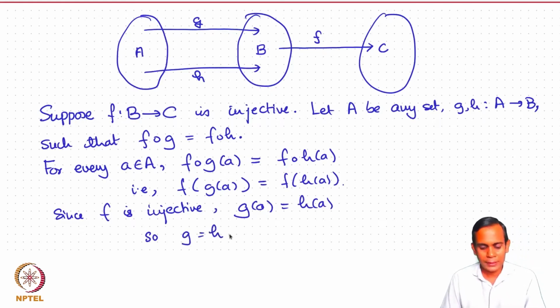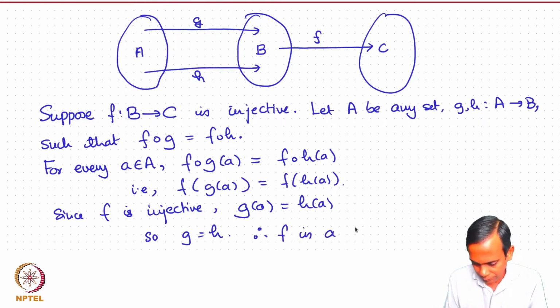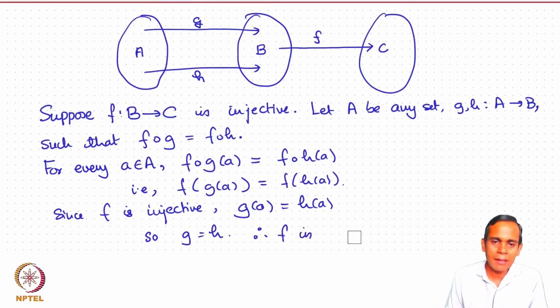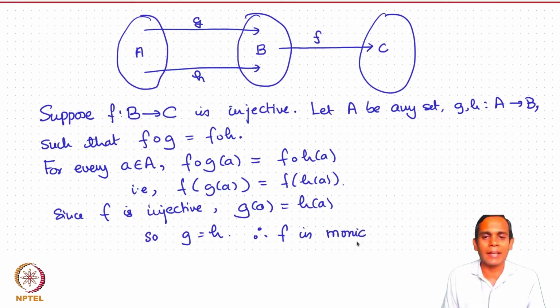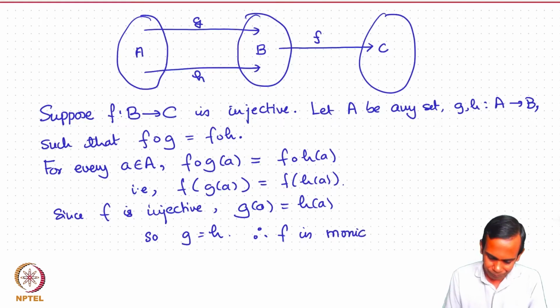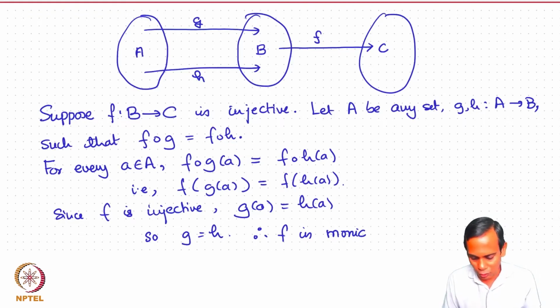So this shows that if f is injective, then f is a monomorphism. That's very long, so we have an abbreviation: f is monic. This is a short way of writing f is a monomorphism. Now we've proved one way. Let's prove the converse.